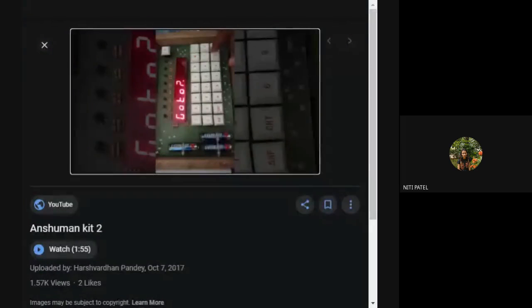Can you see the kit in the diagram, in the image? Yes, ma'am. Okay, so you have a kit like this.